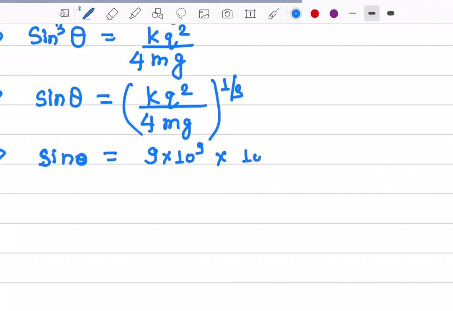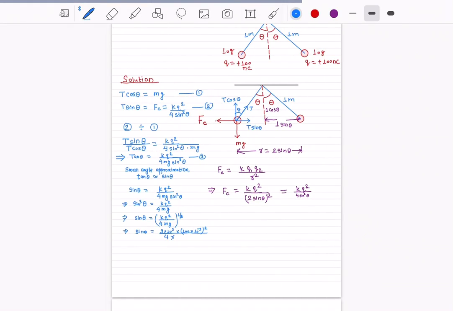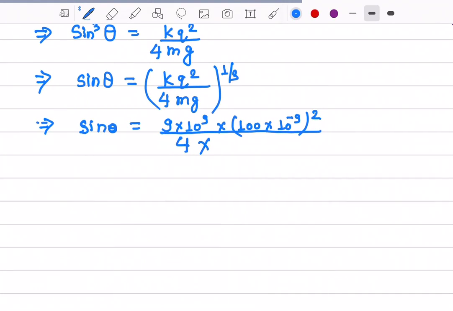Q is given as 100 nanocoulomb. So 100 nanocoulomb times 100 nanocoulomb, where 1 nanocoulomb is 10 to the negative 9, and this is squared, divided by 4.